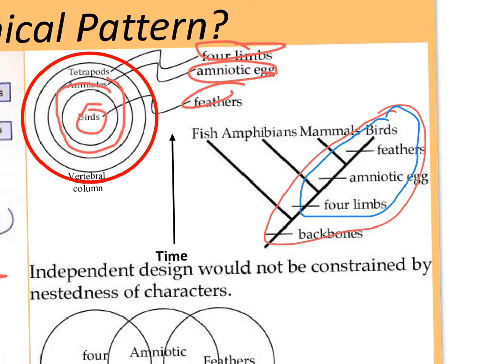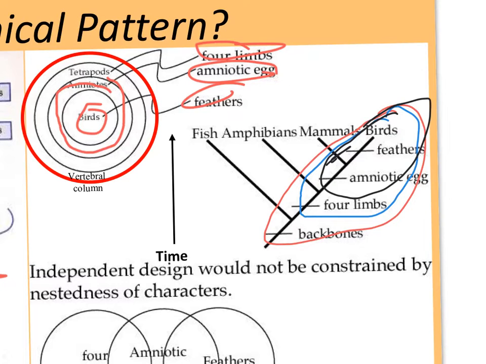Of those, only some have amniotic eggs, including reptiles. And then mammals also have amniotic eggs, but they also have fur. So there's actually another area here where there's something that mammals have that no one else has. And then feathers. Mammals don't have feathers, but birds do, and dinosaurs actually do too.